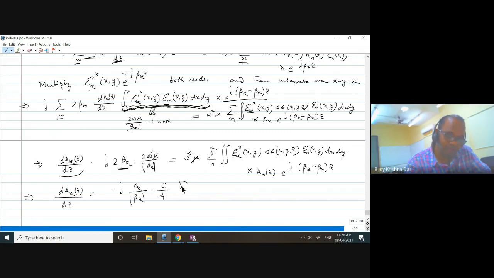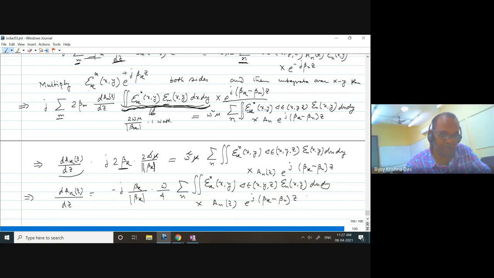And then the summation over n, integral of ek star xy delta epsilon xyz en xy dx dy times anz e to the power j beta k minus beta n z. Is this okay? Do you have any objection?